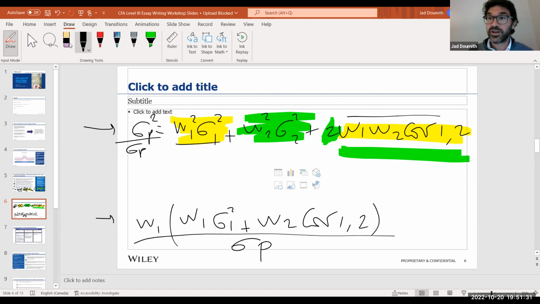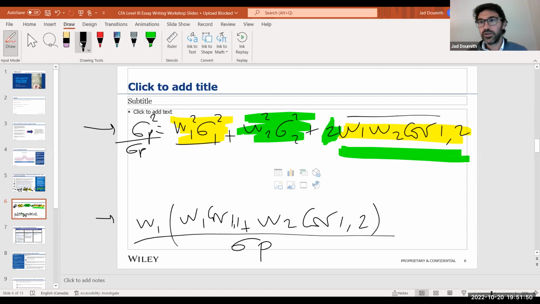All I need you to remember now, and look at those nice mathematical tricks, is that the variance of an asset is also the covariance of the asset with itself. So the variance of asset one is also the covariance of asset one with itself.